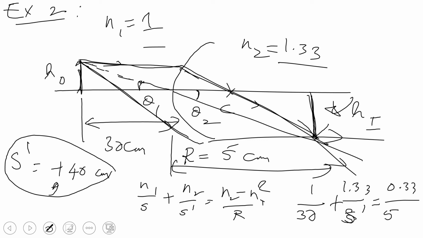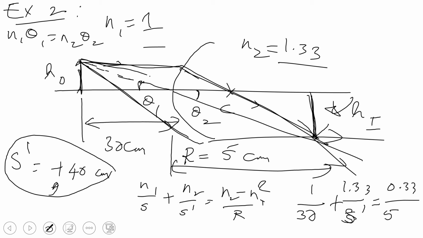If I want to look at the heights, then I can write the refraction law here again, that is n1 sine theta 1, which I approximate as theta 1, is equal to n2 sine theta 2, which I approximate as theta 2. And thetas I can approximate as the tangent.